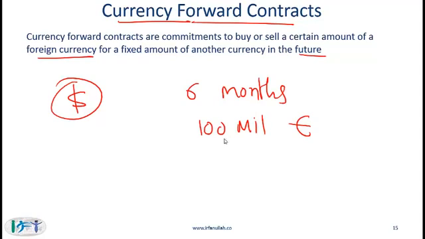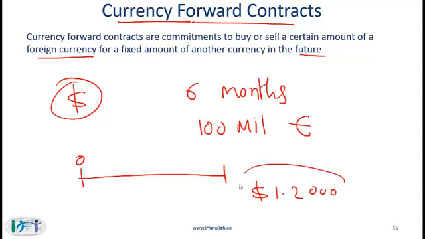So you can go to your dealer and you can lock in a rate for the euro. So at time 0, you can lock in a rate for the euro. So let's say that you lock in a rate of 1.2000 for the euro. And obviously a notional principal needs to be specified.